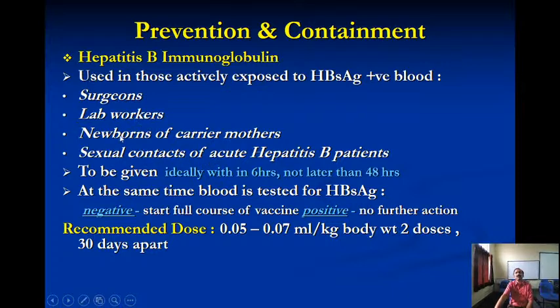Mainly in surgeons, lab workers, or newborns of carrier mothers. This is to be given ideally within 6 hours and not later than 48 hours. Though I'll be discussing this in detail, we hardly use this hepatitis B immunoglobulin. Recommended dose is 0.05 to 0.07 ml per kg in 2 doses 30 days apart.